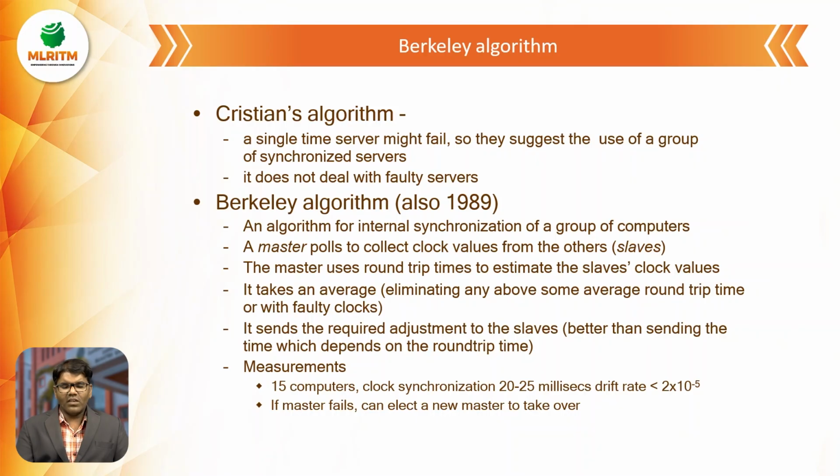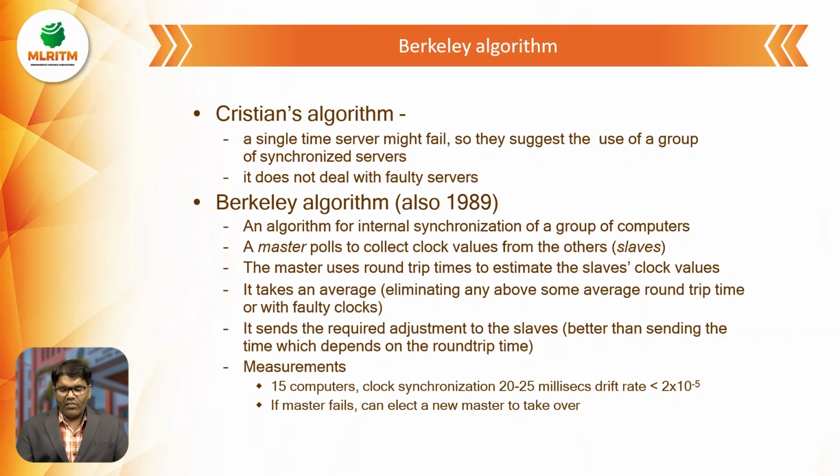The master uses round trip times to estimate the slave clock values, and it takes an average, ignoring any values with above-average round trip time or with faulty clocks.